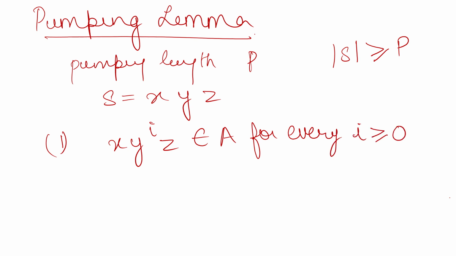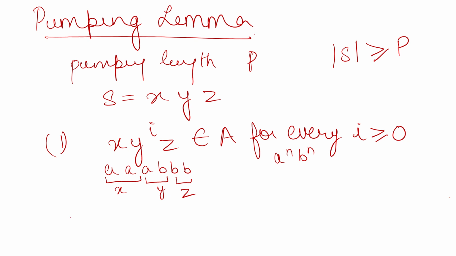Let's suppose we have a^n b^n. So we have a string a, a, b, b, b. We take this as x, this as y, and this as z. So basically we are dividing the string into three parts.